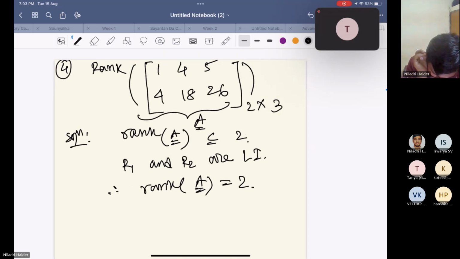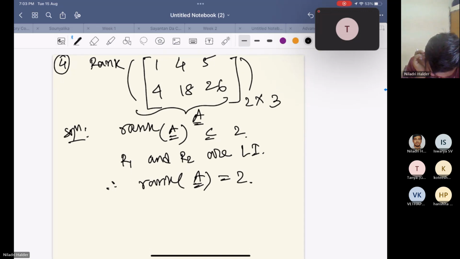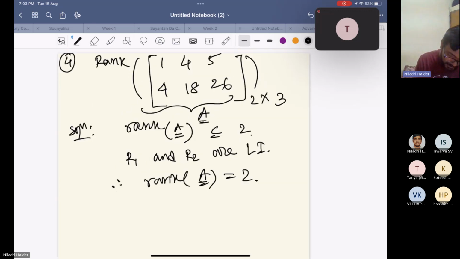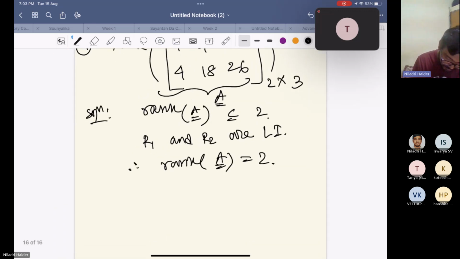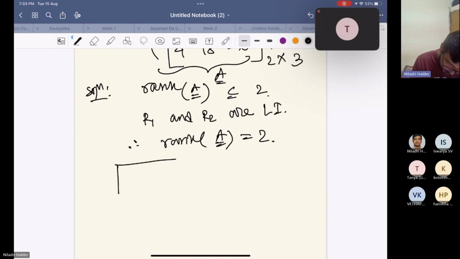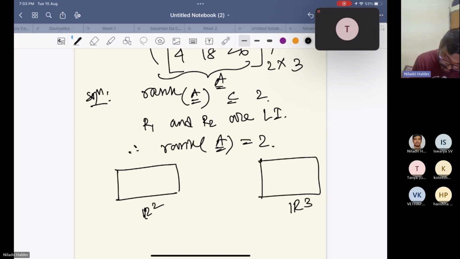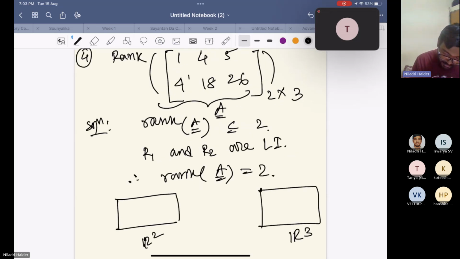Then what should be the null space? Here this is the R2 dimension, and this is the R cube dimension. Each column is from R2. Suppose this is the range space of A. The rank is 2, which means the dimension of the range space is already 2.